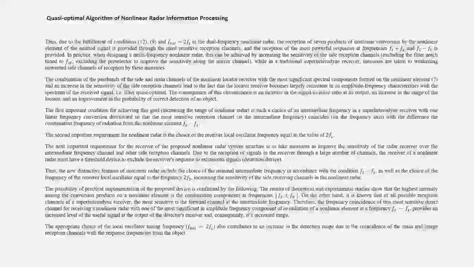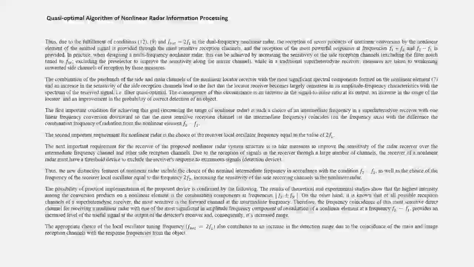Thus, new distinctive features of nonlinear radar include the choice of the nominal intermediate frequency in accordance with the condition f2 minus f1, as well as the choice of the frequency of the receiver local oscillator equal to the frequency 2f1, and increasing the sensitivity of the side receiving channels in the nonlinear locator.